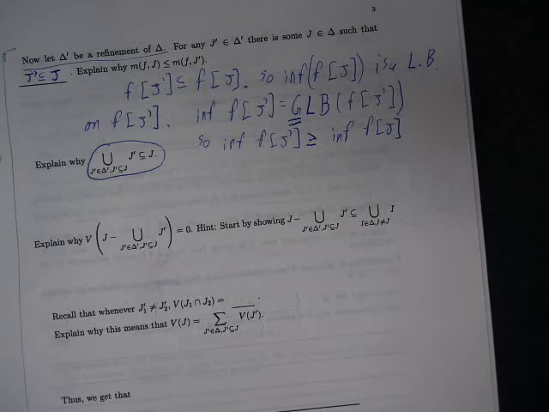Take anything on the left, show that it's in the right. So let's consider anything in this union. Since it's in the union, it has to be in one of those j primes. But what's true about each of the j primes that you take the union of? It's contained in j, so that thing must be in j.